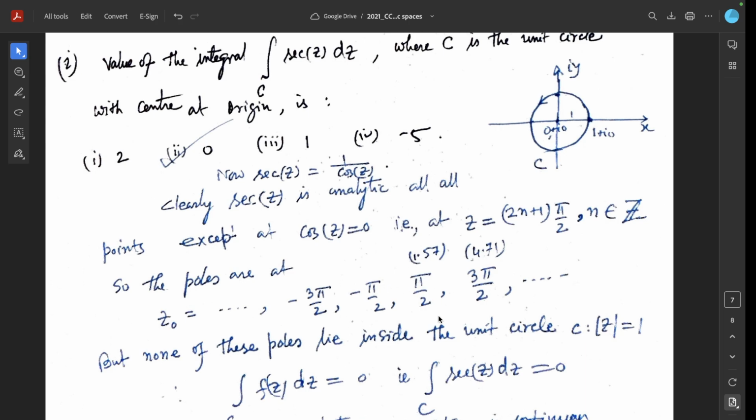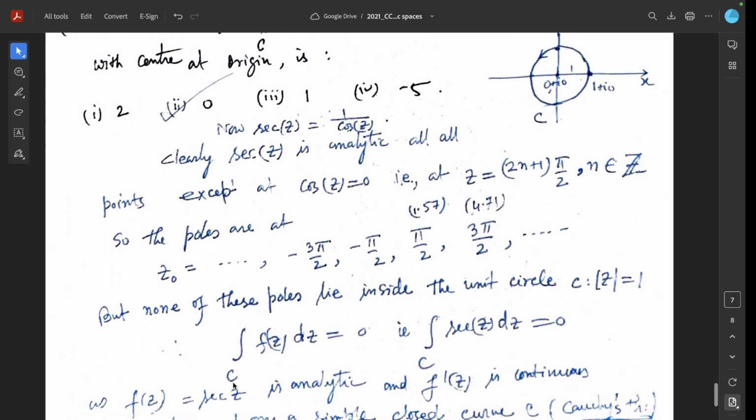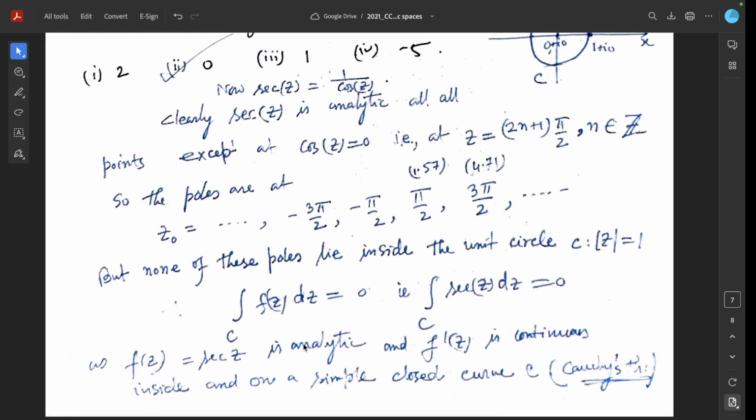So none of these poles lie inside the unit circle modulus z equal to 1. So the integration over the contour C of f z dz equals 0, because f z is analytic and continuous inside and on the simply closed curve C, and so by Cauchy's theorem we get the integration over C of f z dz equal to 0.